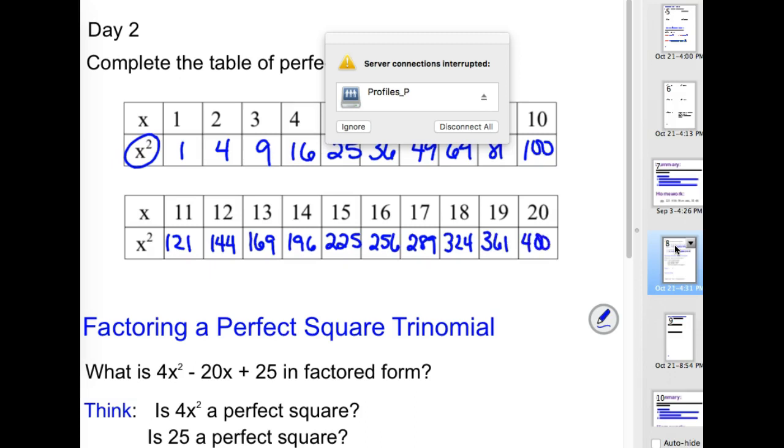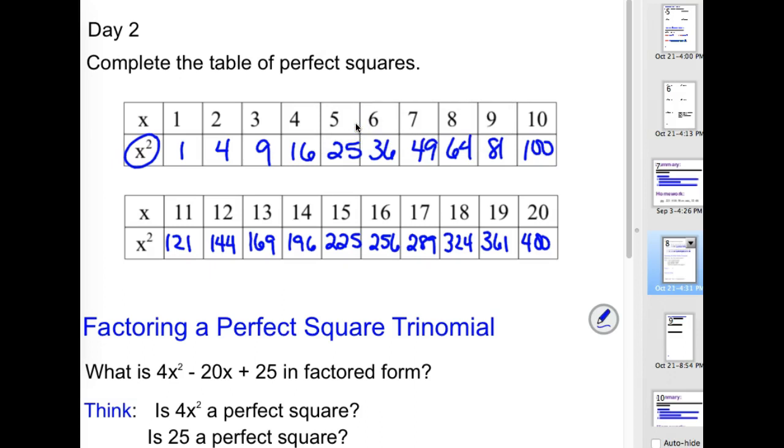Again, you probably don't have the larger numbers memorized, but we do want to make sure that we recognize those perfect squares when we see them in our expressions.